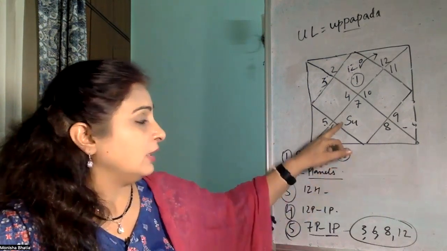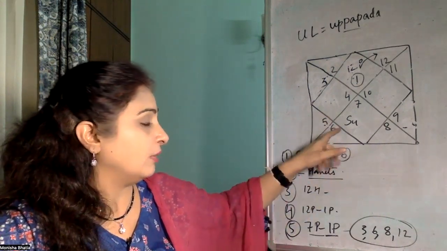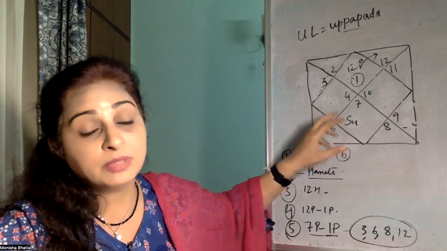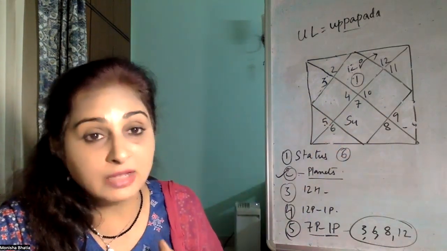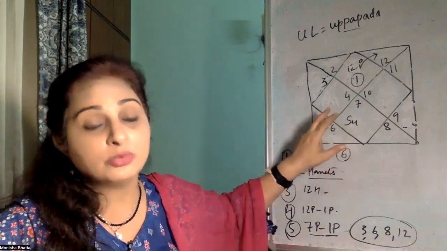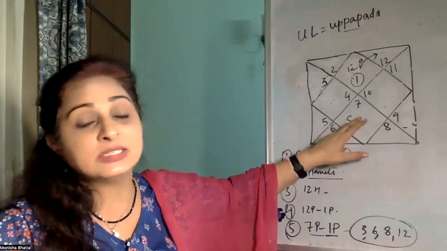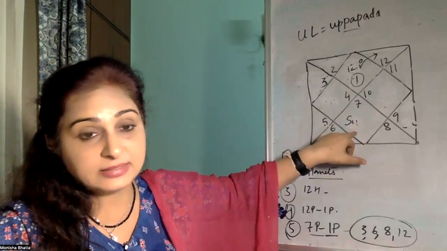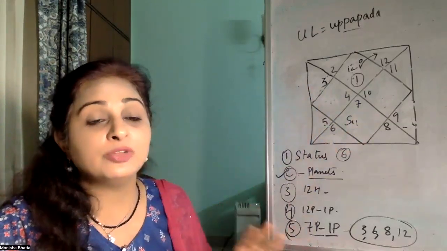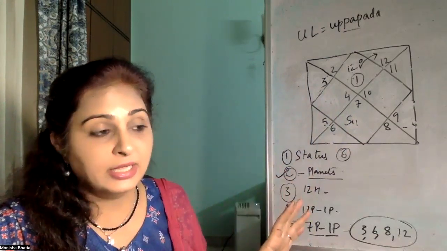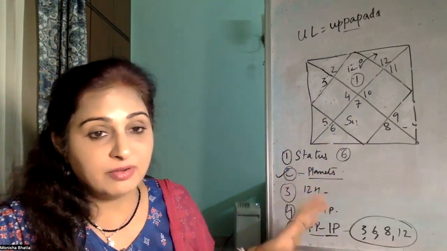It can also mean that the spouse can have some good understanding or some good benefits coming from the government if the Sun is in a good shape. I mean to say, if the Sun is not debilitated, as in this example, and if the Sun is getting some benefic aspects, then the spouse will prosper from the government side and could have a good place in the government sector.